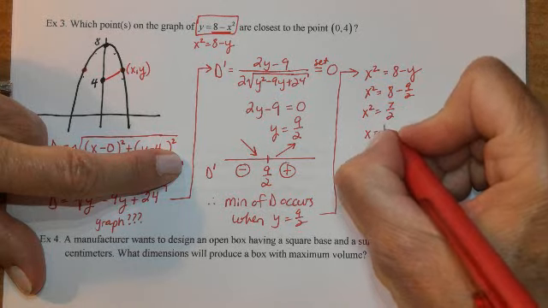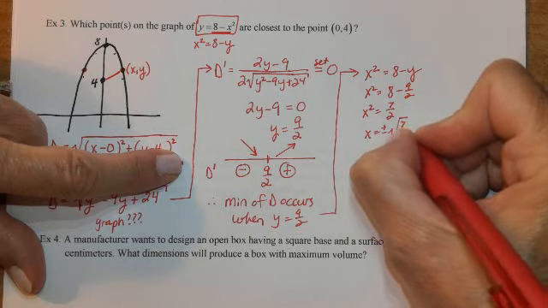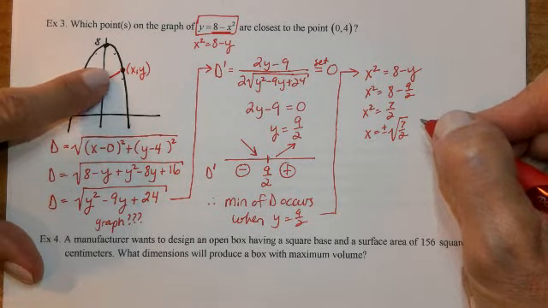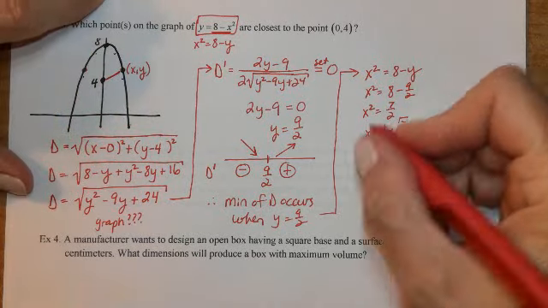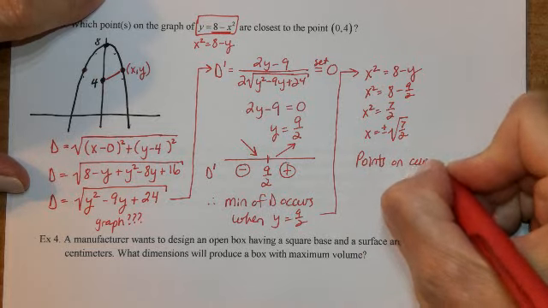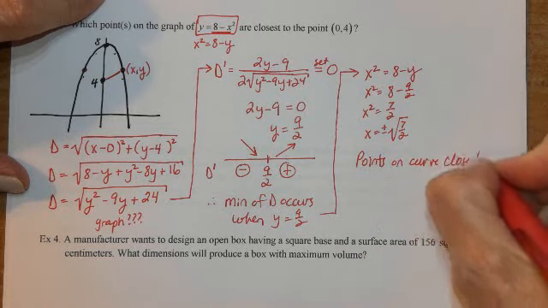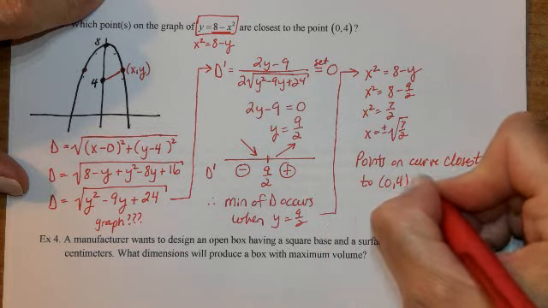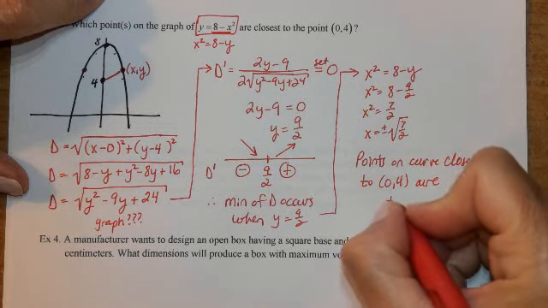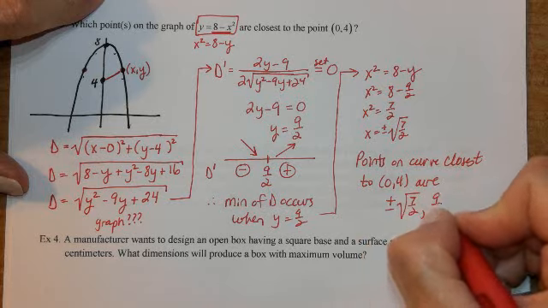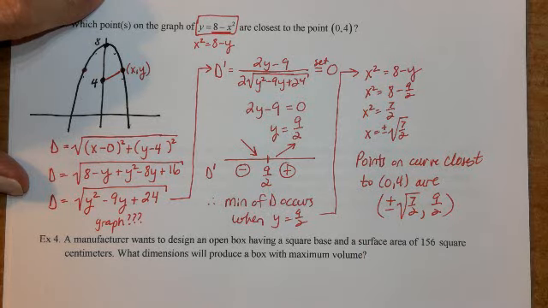So x is equal to plus and minus the square root of 7 halves. It makes sense that it would be plus or minus, right? So the points on the curve closest to (0, 4) are plus and minus square root of 7 halves, 9 halves.